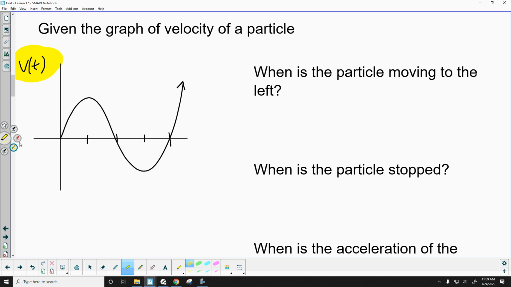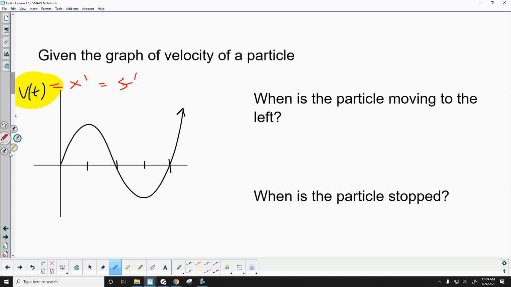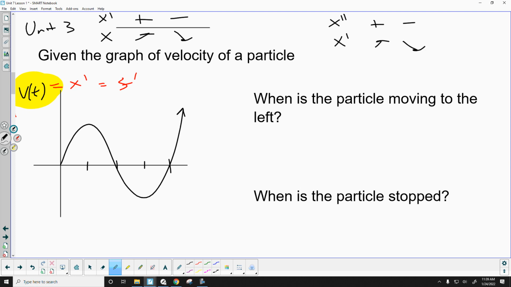This V is x prime. This is like when I was given the graph of f prime. This is like our favorite Unit 3 question, where if we understood x prime, positive, negative, tells us x increasing, decreasing, x double prime, positive, negative, x prime, increasing, decreasing, that we'd be able to answer any of the questions that they asked us.